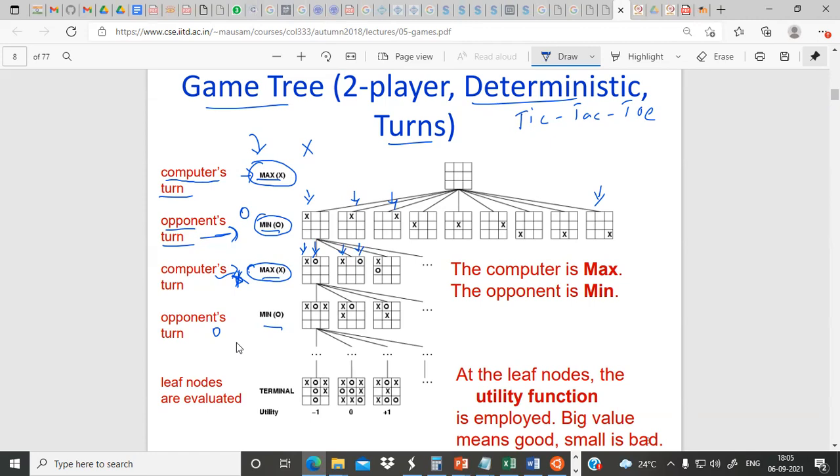Again it will be the opponent's turn. Now if these 3 are fixed, then the opponent can keep his coin in any of the remaining 6 positions.